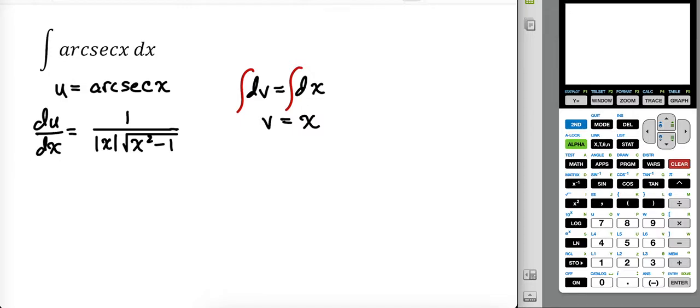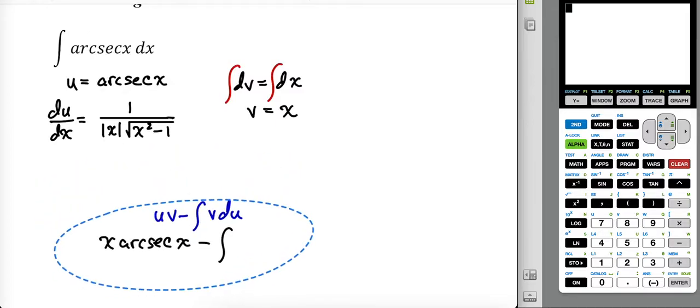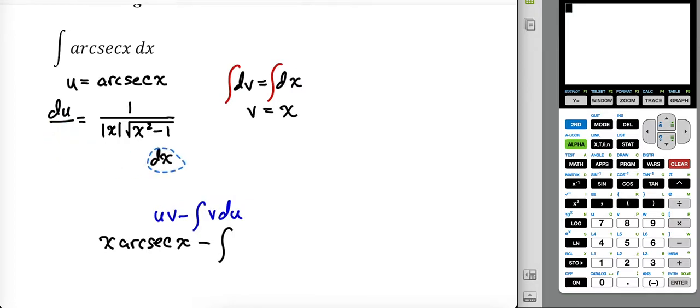So uv minus the integral of v du is going to be x arc secant of x minus the integral of v multiplied by du. Now, we've learned previously that the du we're going to get just by moving the dx over to the other side.